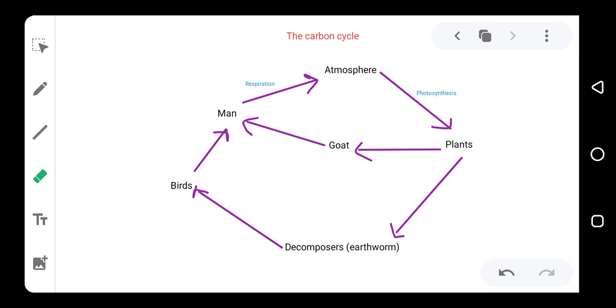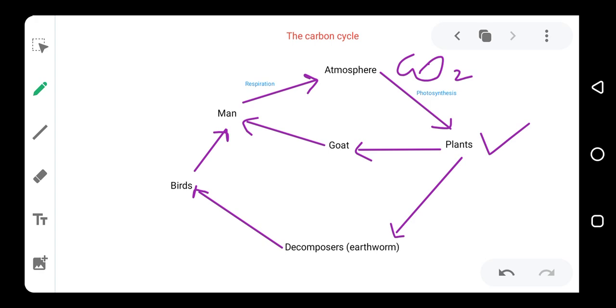Now the main source of carbon in the environment is the atmosphere. The carbon dioxide in the atmosphere, which is CO2. Now during photosynthesis, CO2 in the atmosphere is used by plants to produce carbohydrates. And now the carbohydrates in the plant are either eaten by an animal like a goat.